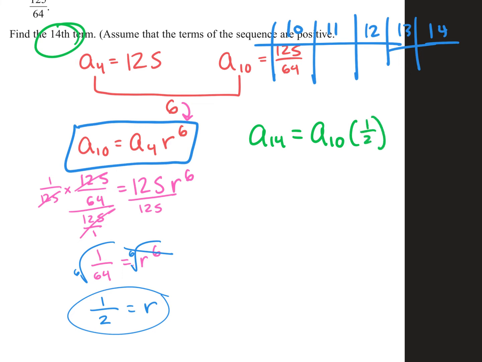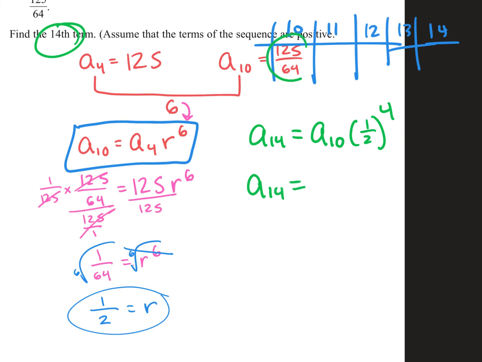And how many numbers are in between 14 and 10? Because that's what it asks us to find the 14th term. We have 4. If we do 14 minus 10, that gives us 4. So that's our exponent. And we know what a sub 10 is.